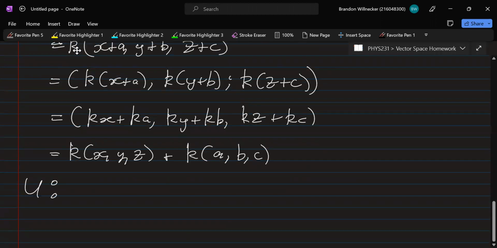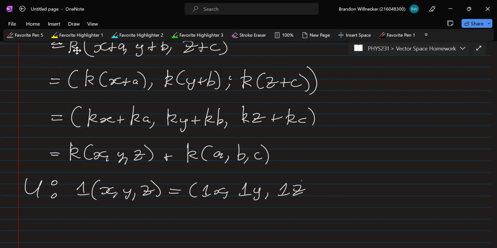Okay, lastly, the unit. So this is the unit from the underlying field. So if we have 1, in our case, is the unit, well, we're claiming the 1 is the unit. So 1 times (x, y, z). Using the scalar multiplication rule, that's going to be 1 times x, 1 times y, 1 times z.